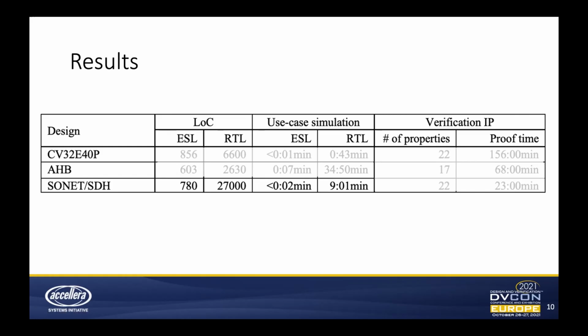And if you have control-dominant designs that are typically hard to verify with simulation, using formal verification is a great benefit. And we see this also in the proof time numbers. The proof is really fast because the model is quite small compared to a processor model, which needs to prove all the arithmetic computations that are going on.